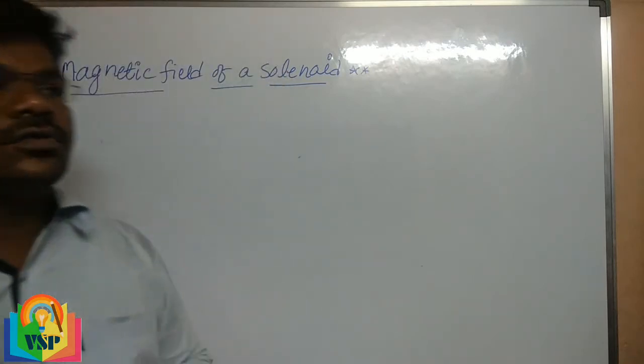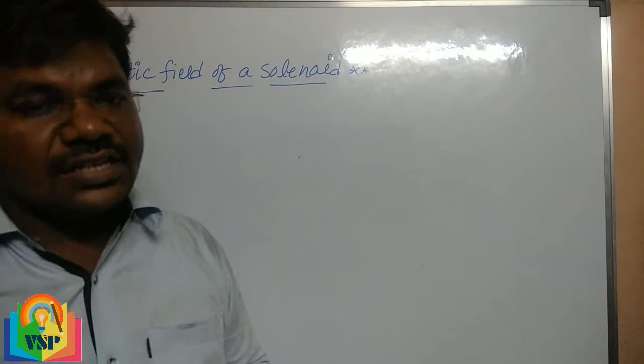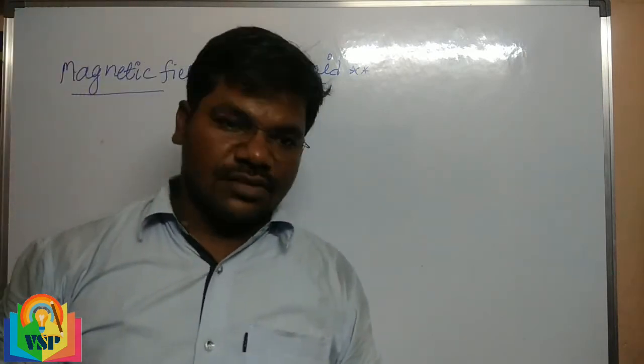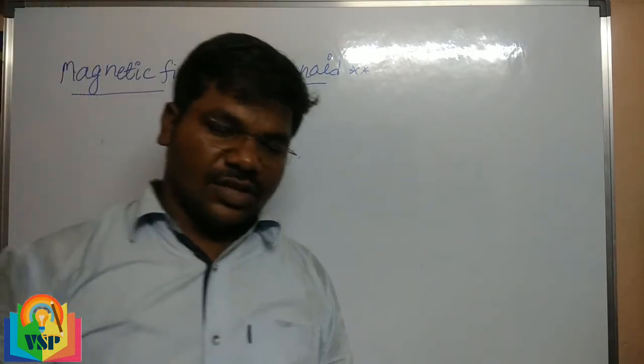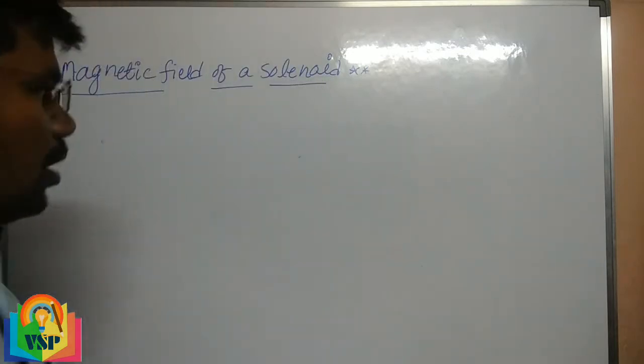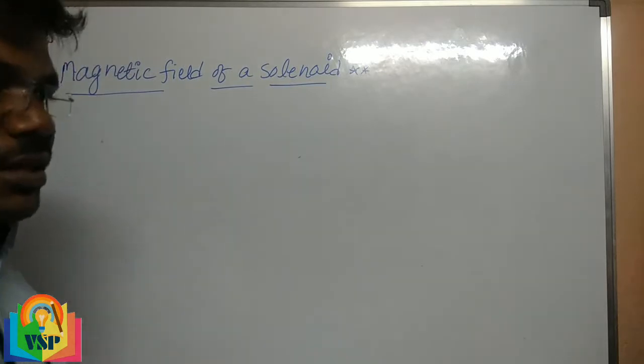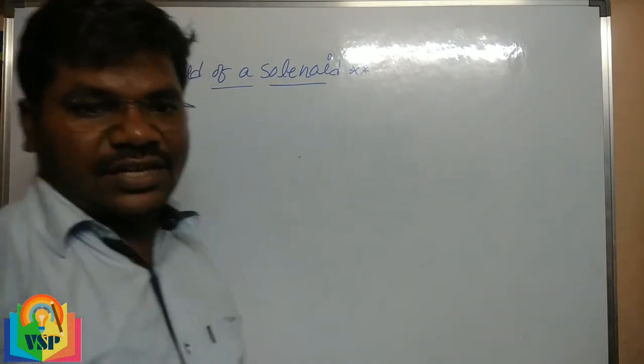We have to find the magnitude of magnetic field of a solenoid by using Ampere circuital law. So consider a solenoid. We take only the direction of current.